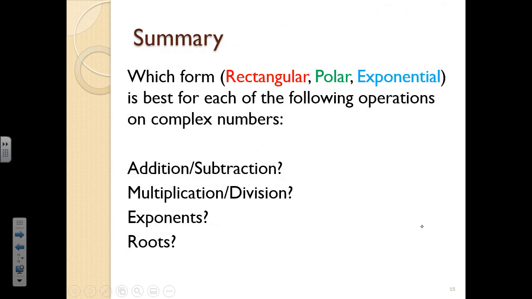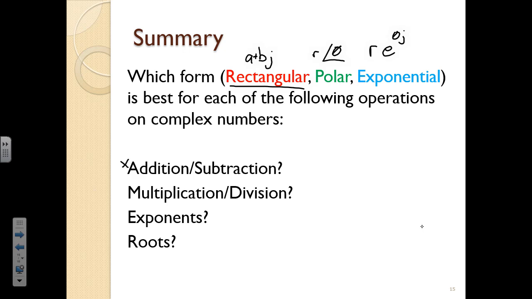Okay, so to wrap this up, let me just give you a little thinking exercise here. Of the 3 main forms, trigonometric is important, but it kind of just leads us to exponential. Of our 3 primary forms, rectangular, a plus bi, or b times j, polar, r at some angle, or exponential, r times e to some angle times j, which form would you like to be in most if you were asked to do each of these operations?